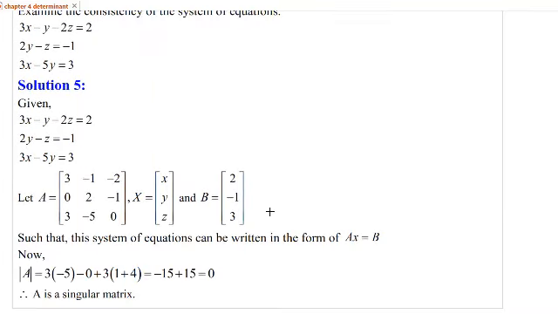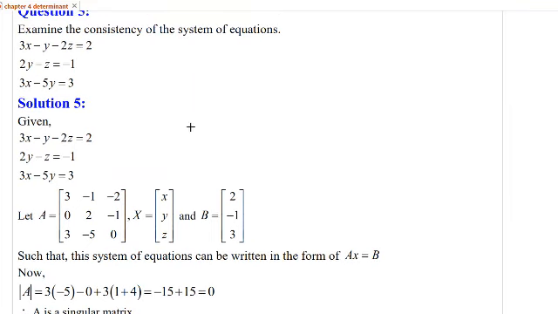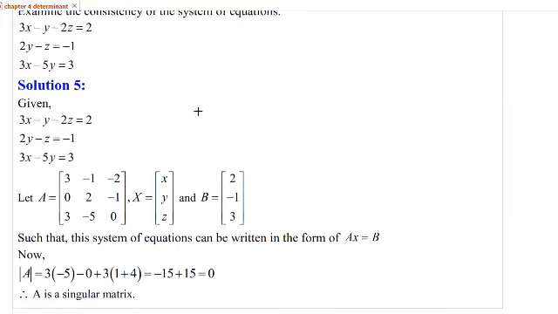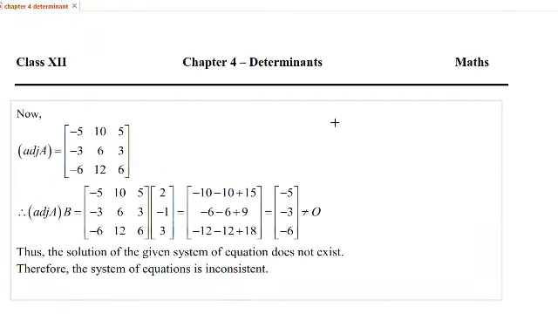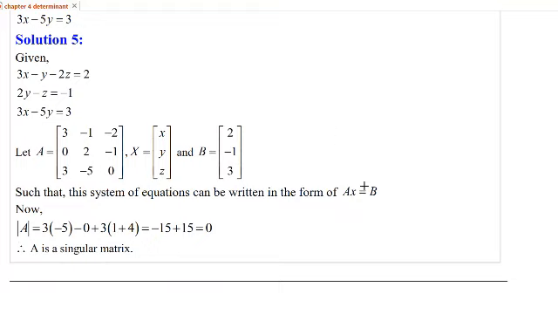Again, examine the consistency, and this time we follow the same procedure. Matrix A: 3, minus 1, minus 2. Now x is not there, so 0, 2, minus 1. In this case z is not there, so 3, minus 5, 0. Then the variables x, y, z, and the matrix B: 2, minus 1, 3. Now AX = B, as we already know.